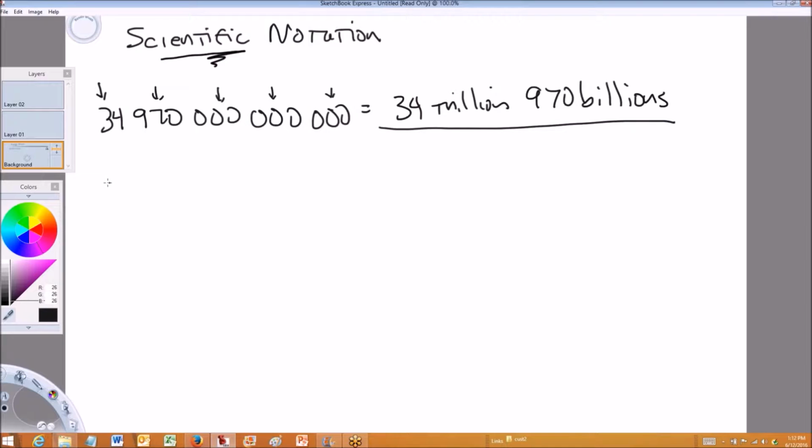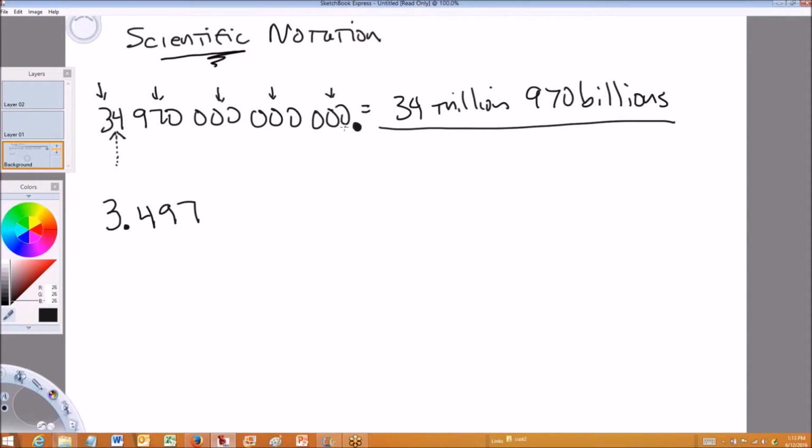Okay, so now we want to convert this into scientific notation, true scientific notation. So what that's saying is we want the decimal to go right there. And not engineering notation, and there's some others as well, but we're just going to stick with scientific. So we know that we're going to have 3.497, and I could stop there because the rest are going to be zeros.